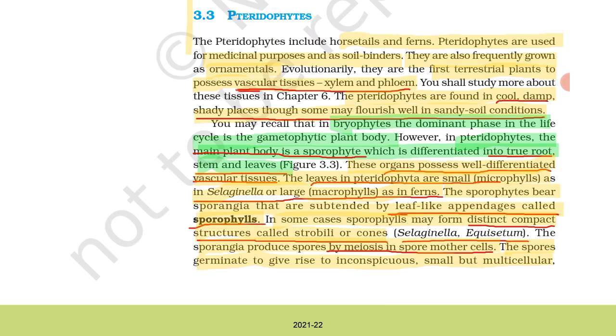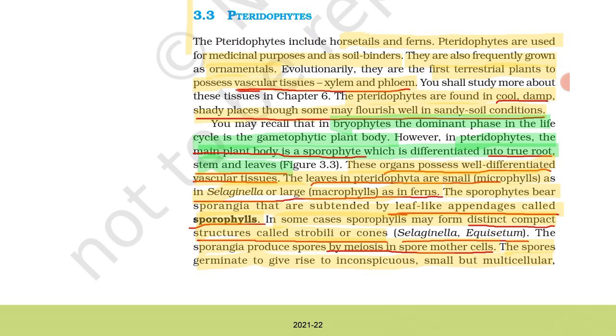Then bryophytes: the dominant phase in the life cycle is the gametophytic plant body.